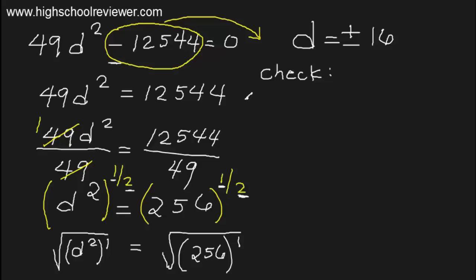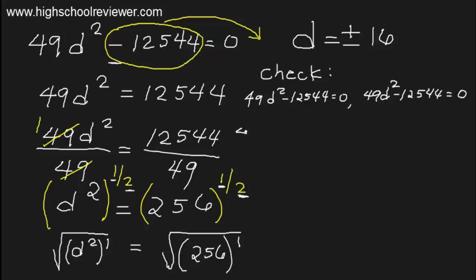So this will be 49d squared minus 12,544 equals 0.